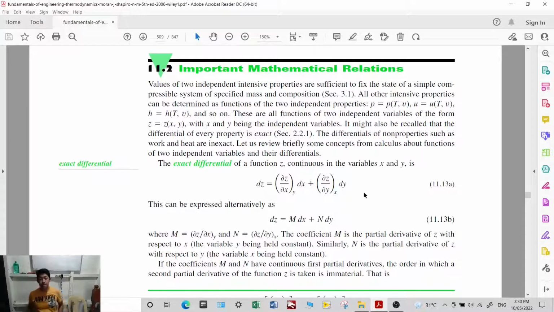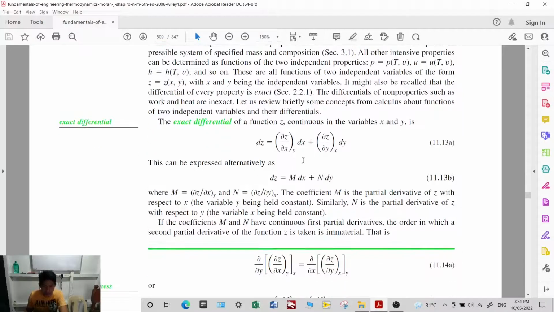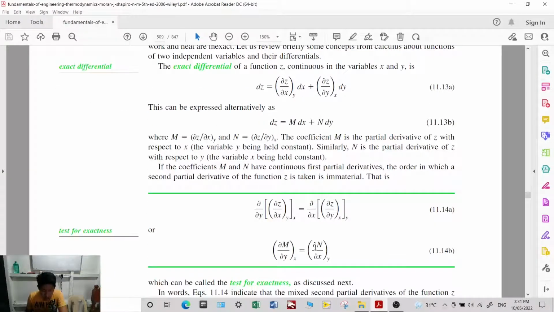And if you let the term partial of z with respect to x be M, and the other be N, you can test that it is exact when partial of M with respect to y is equal to partial of N with respect to x.